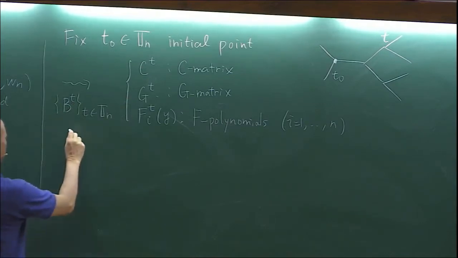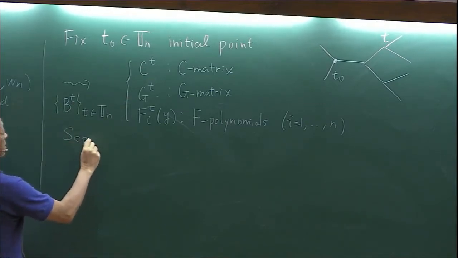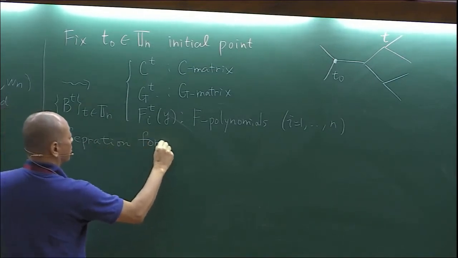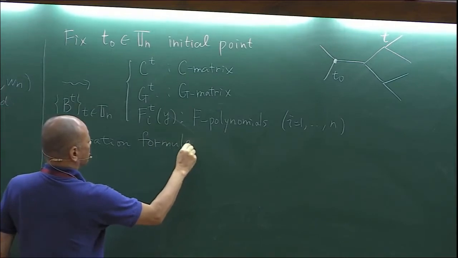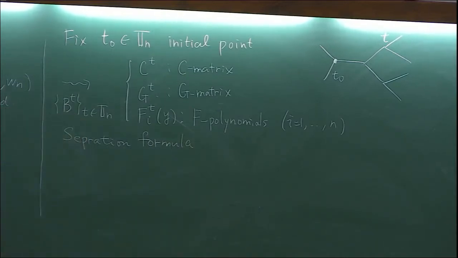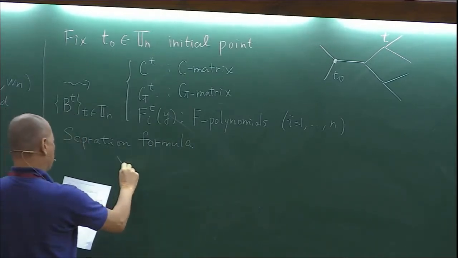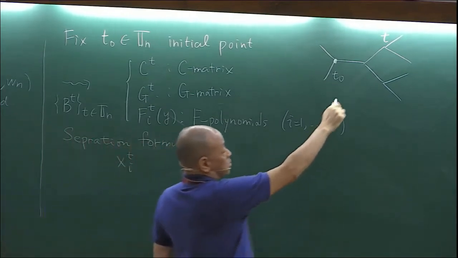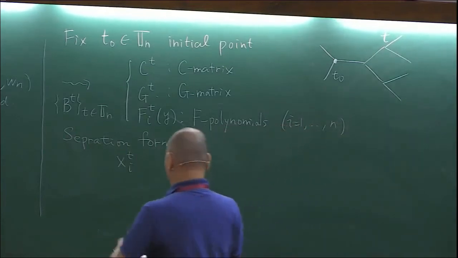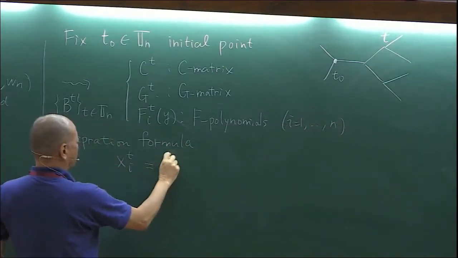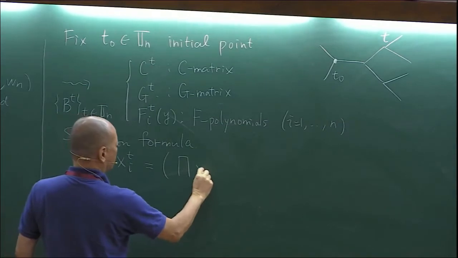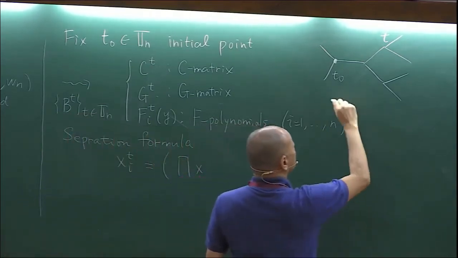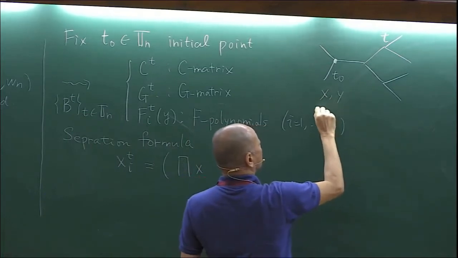But nevertheless, the main point is that it satisfies the following separation formula, which is very, very important, next in importance to the Laurent property. It means the x variable at a given point is described by this. So by the initial x and y, which are the initial variables.